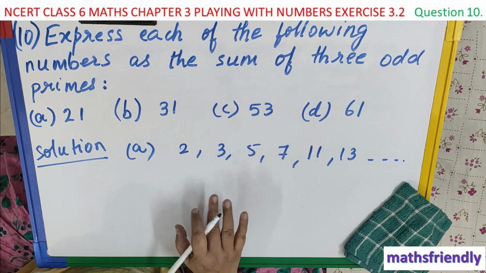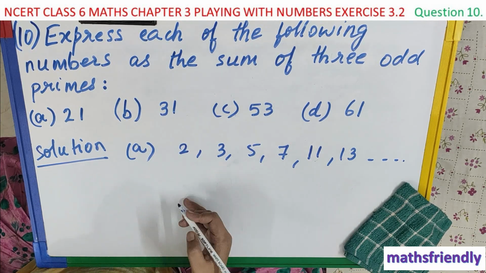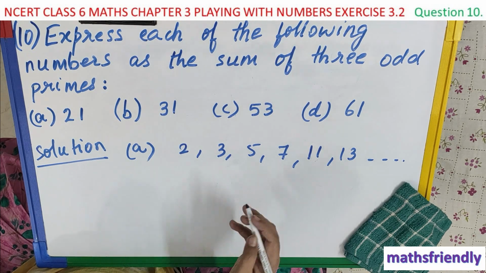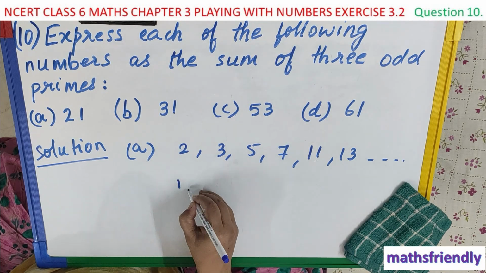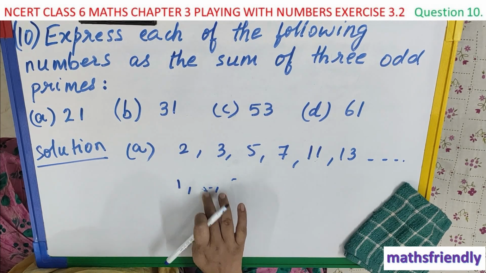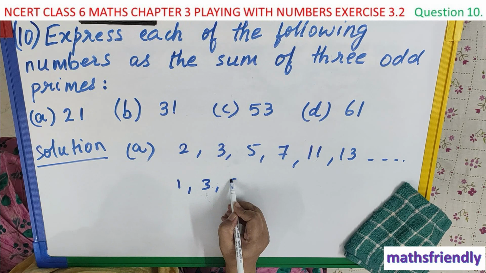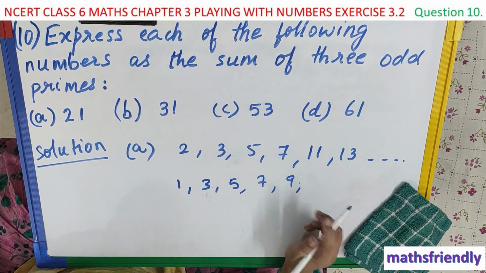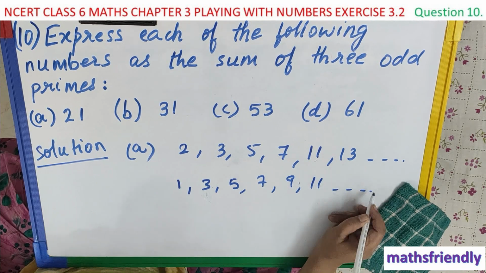We have learned this in the previous questions also, right? And odd numbers are the numbers which are not divisible by 2. So the odd numbers are 1, 3, 5, 7, 9, 11 and so on.